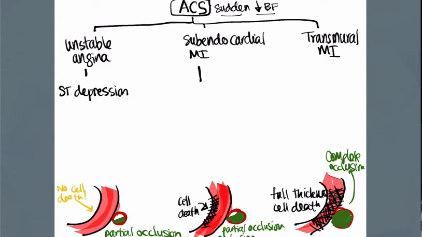Similarly, in a subendocardial MI, you can get ST depression as well, evidence of ischemia. But in a transmural MI, you would expect ST segment elevation.